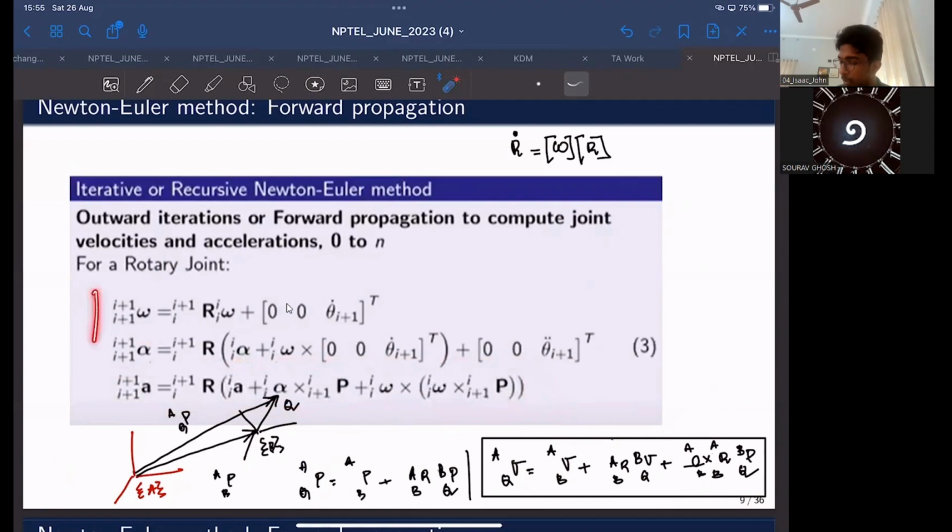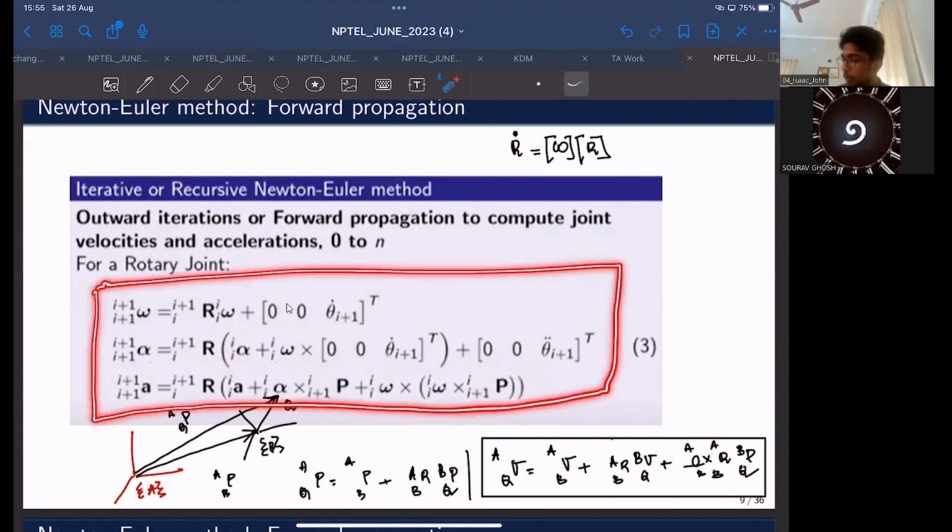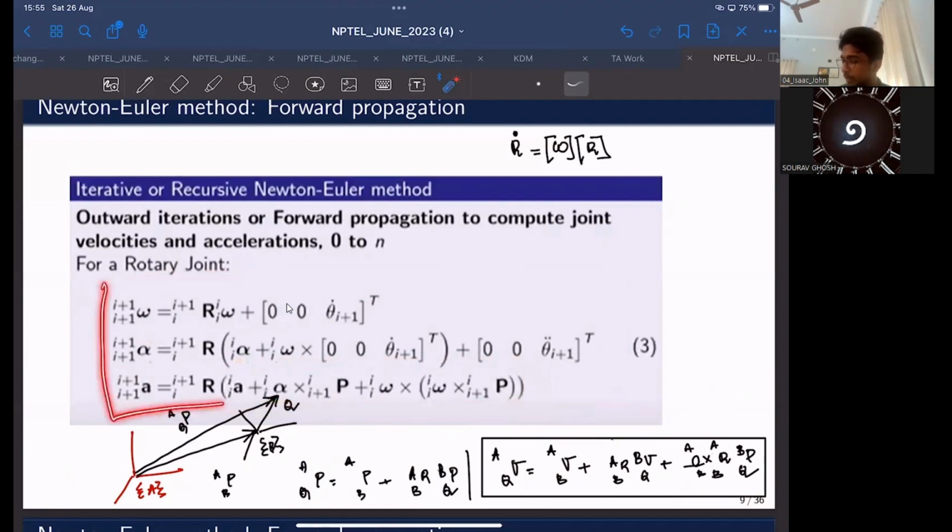As of now, you only need to understand the forward propagation equations for angular velocities, angular acceleration, and linear acceleration. In the previous section on differential kinematics, we also gave the forward propagation equations for velocities: velocity of i plus 1 with respect to i plus 1 as a function of velocity of i with respect to i, plus some other terms.